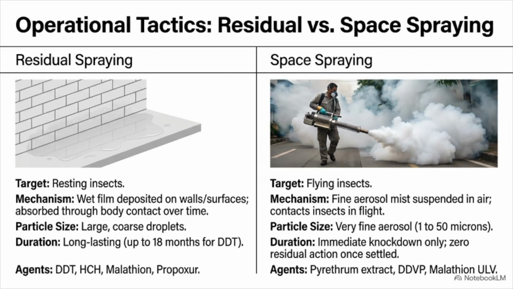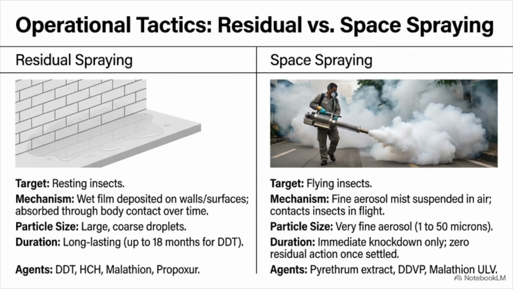Residual spraying targets resting insects, depositing a wet film on walls and surfaces that is absorbed through body contact over time, using large, coarse droplets and providing long lasting action up to 18 months for DDT, using agents like DDT, HCH, Malathion, and Propoxur.